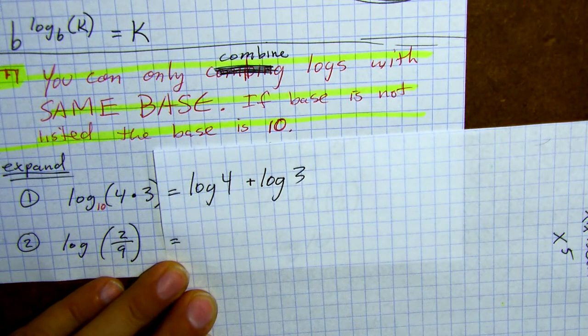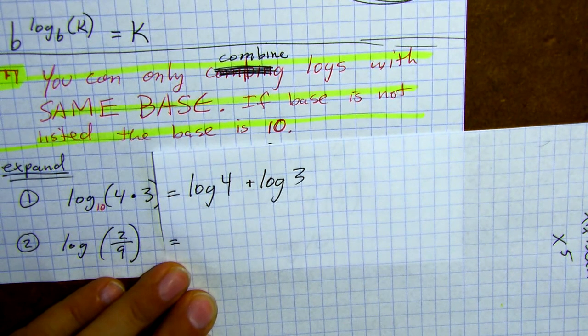All right, let's go ahead and look at the second one. And this one is aligned with the second law. So go ahead and try to expand that, and then tell your neighbor what you had, and just double check that way. Because I look at this and I see not multiplication. What do I see? I see division.